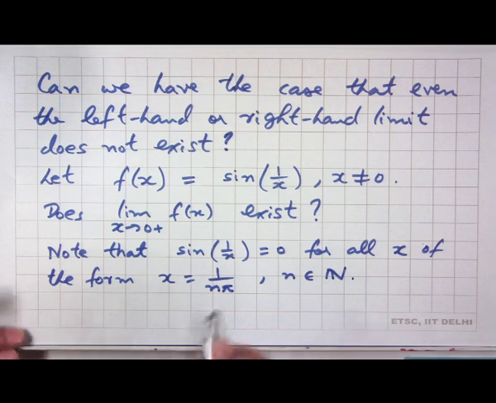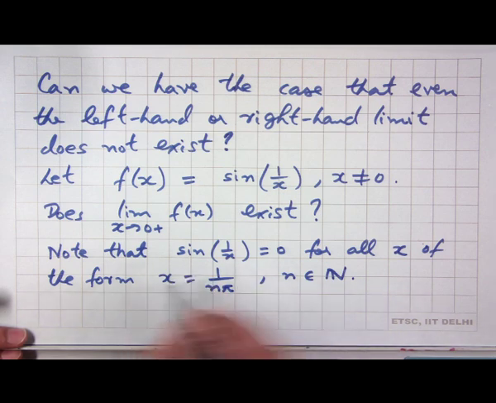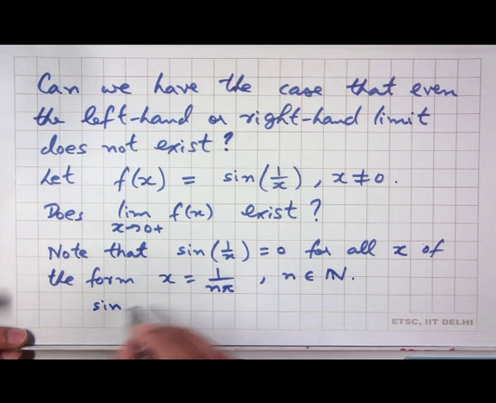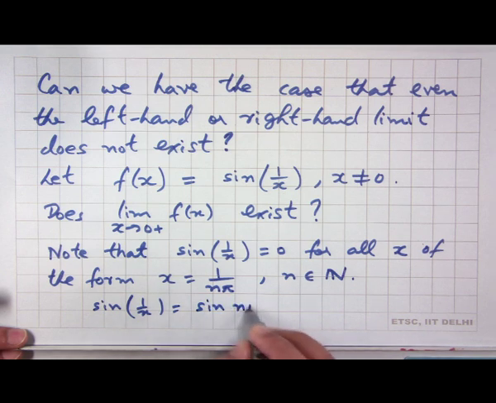We know that sine is 0 at all integer multiples of pi. So, if I take x equal to 1 by n pi, then sine 1 by x is sine of n pi, which is equal to 0.